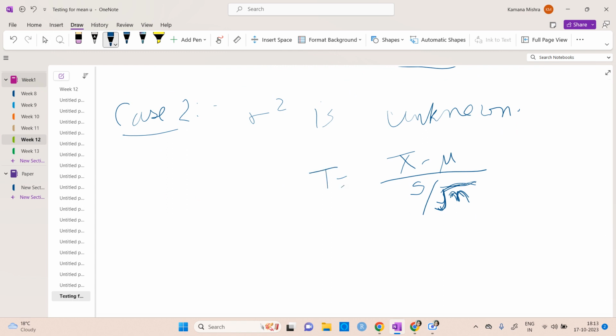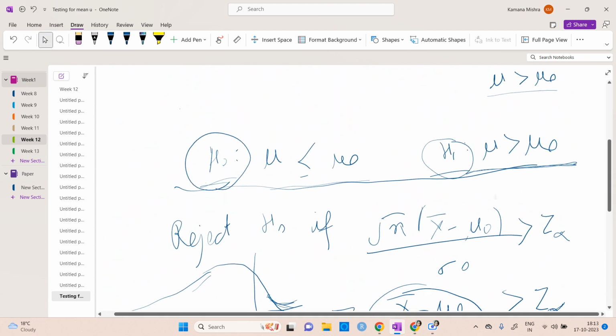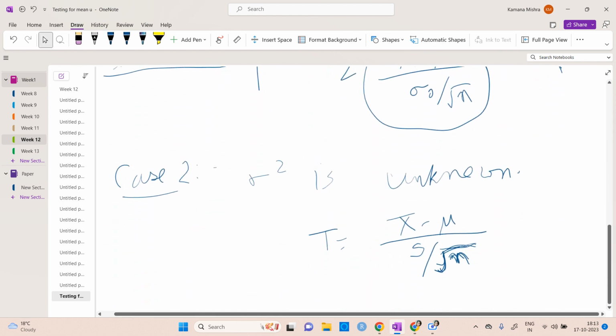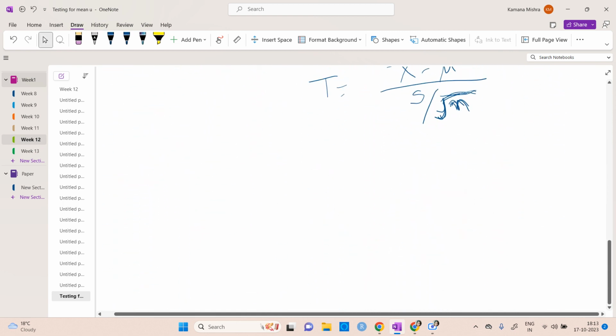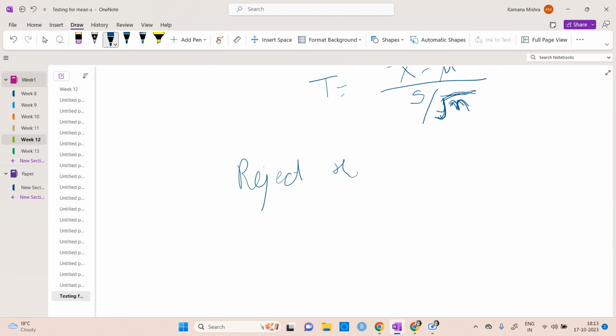If we have the hypothesis given above, with mu greater than mu naught as the alternative, we reject H naught if t is greater than t with n minus 1 degrees of freedom at alpha. That's why I said n matters. Here n is the number of samples, and you take n minus 1 comma alpha.